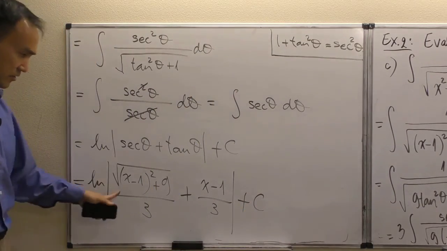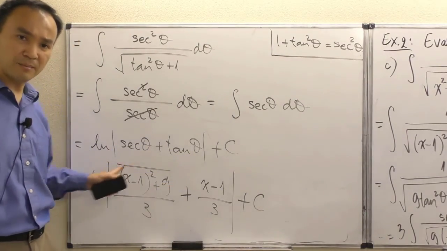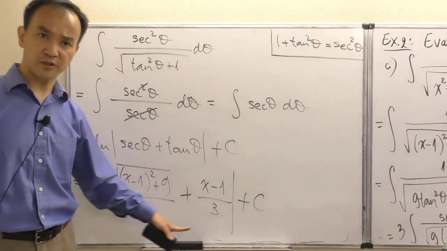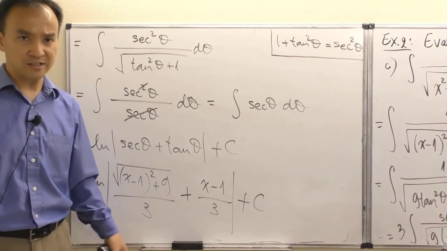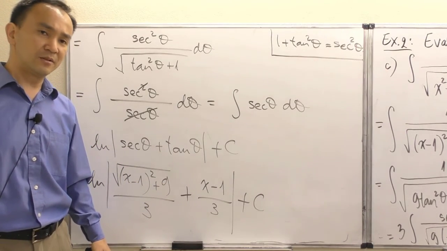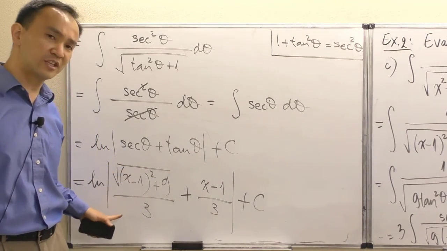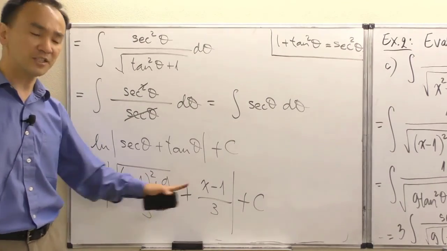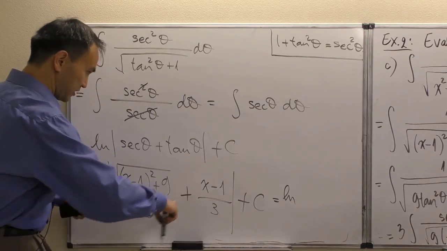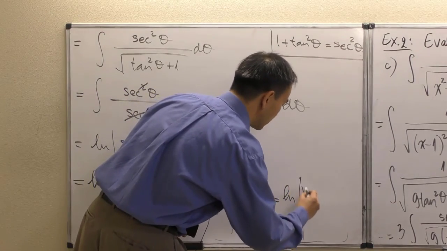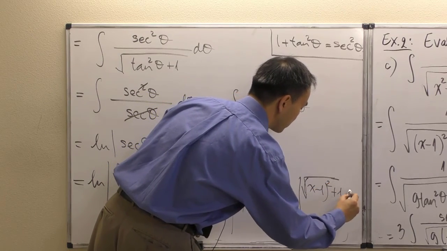And so, yes, just like that, I'm going to proceed further to simplify this expression. About 70% of instructors or professors out there are okay with students leaving the final answer like this. But in case your professor is among the other 30% who require you to simplify this further, then you can go to combining this into one fraction. So it's logarithm of the square root expression (x minus 1) squared plus 9.